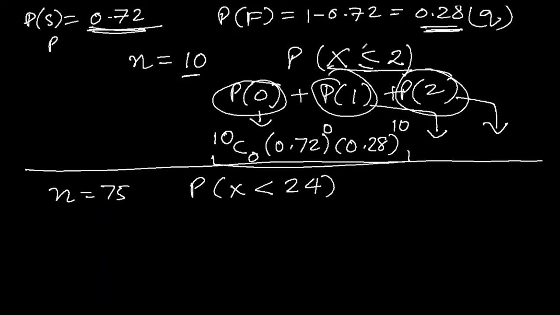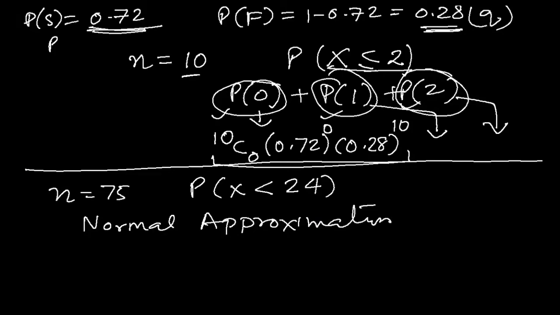But if you see, when I used x less than or equal to 2, I wrote 3 terms. If I write x less than 24, I will write 24 terms, which is a very big deal, and there is a possibility of mistake. So what do we do? In such a case, we can use normal distribution. If we use normal distribution for a binomial situation, we call it normal approximation.